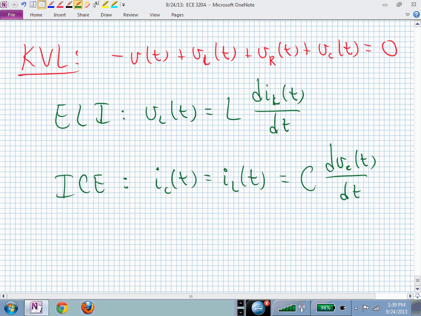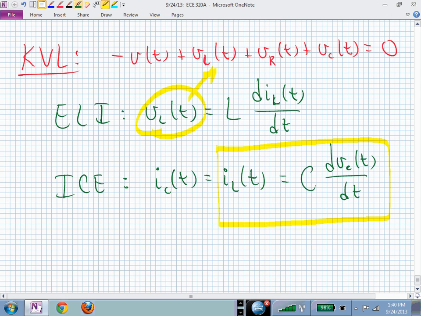So now I can pretty easily come up with two first-order differential equations that are coupled. One equation involves I sub L and V sub C, and then I can have another equation that relates I sub L and V sub C, and there's my second first-order differential equation.